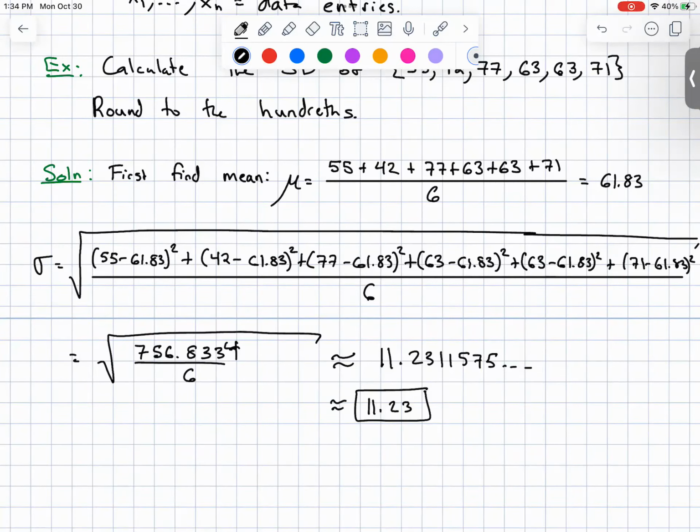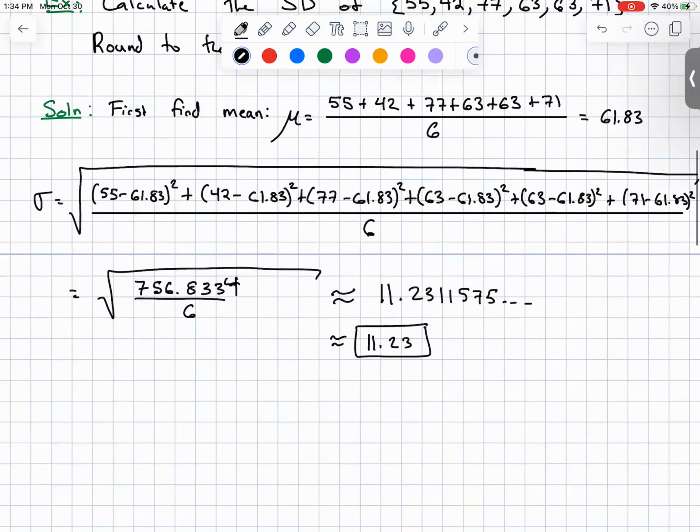Typically speaking. Now I wanted to make an observation about the standard deviation.